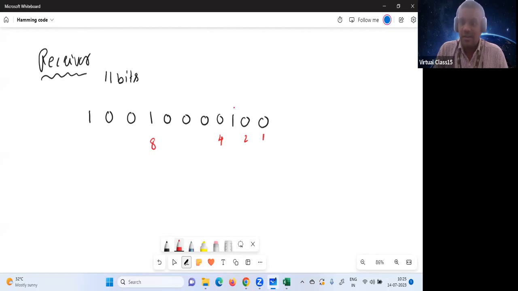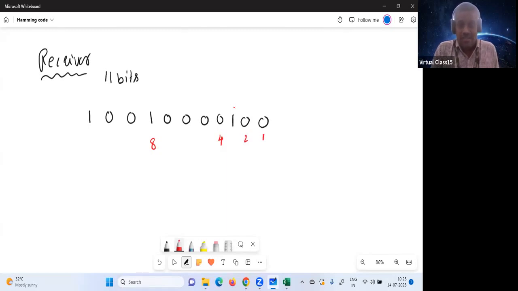Sender and receiver both already know about the code word, and both follow the Hamming code rule. So the powers of two positions are the parity bit or redundant bit positions. I just marked them to draw your attention.